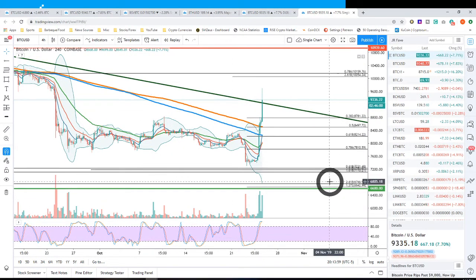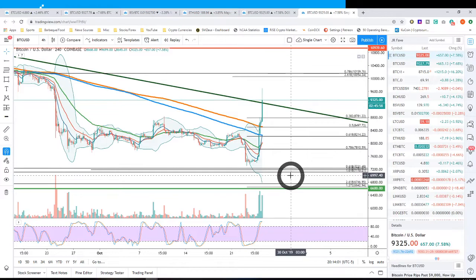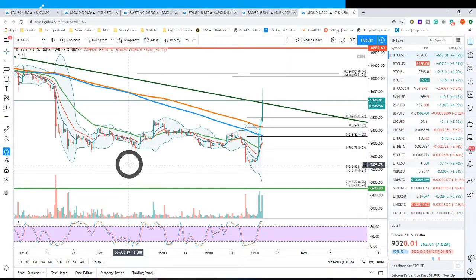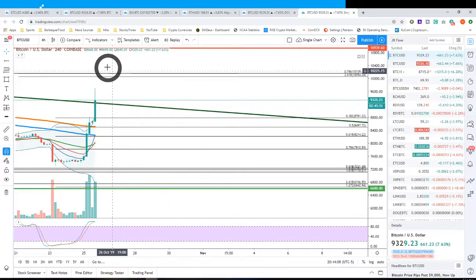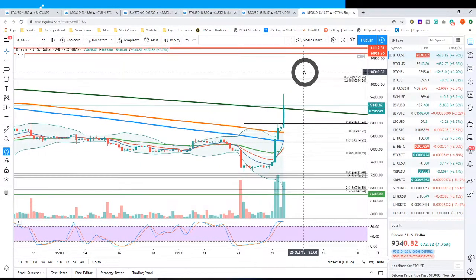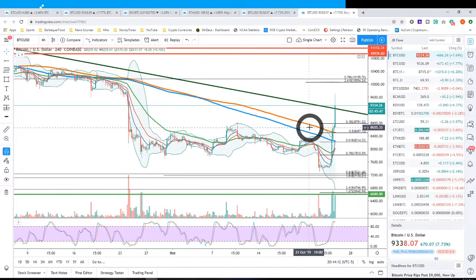So anyway, here we go. Nice run. We're watching it live. This is the 4-hour chart. We have broken the trend line.